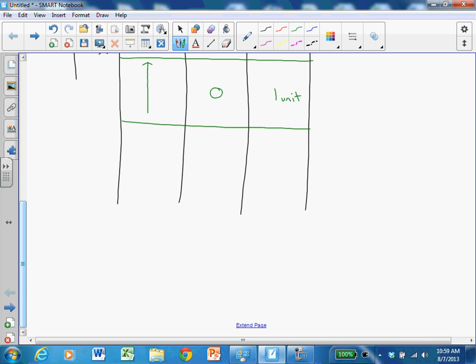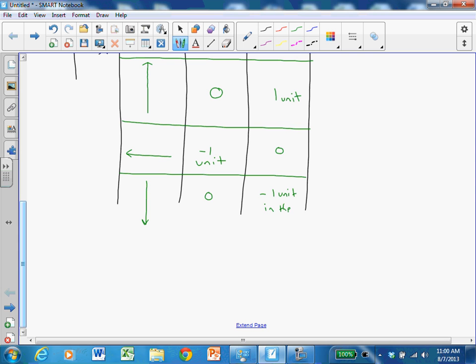If we have the vector going this way, we'd say it's minus 1 unit in the x and 0 in the y. And then like this, I'm sure you can see is 0 in the x, minus 1 unit in the y.